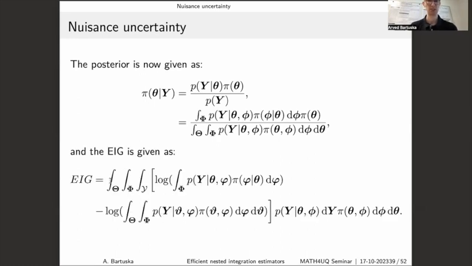Okay, this is what the updated expected information gain looks like, where we have this now outer integral consisting of three parts: the logarithm, inner integral 1, logarithm, inner integral 2. And yeah, here this inner integral is only over the nuisance parameters, and here it's over nuisance parameters and the parameters of interest, because this was basically the evidence term.